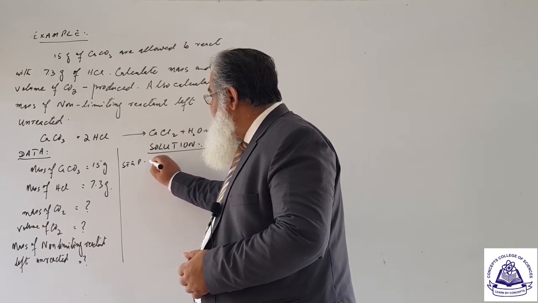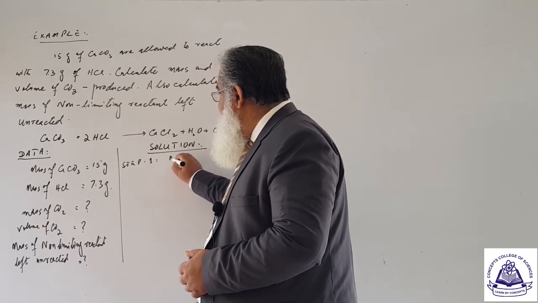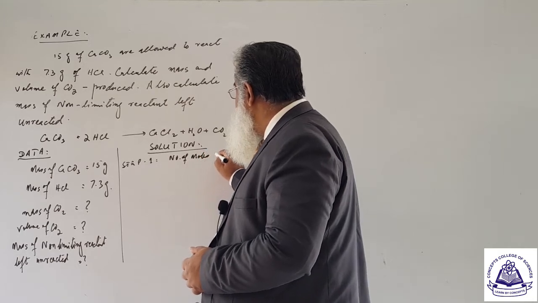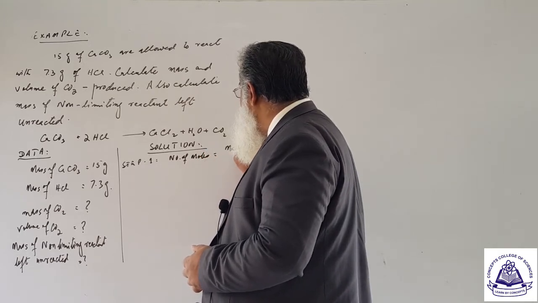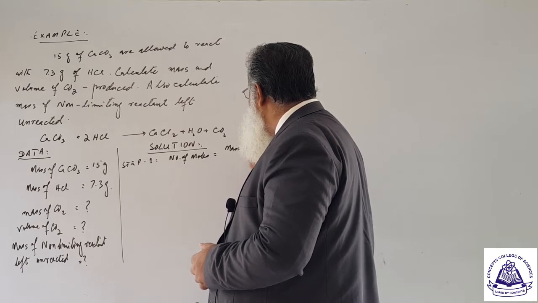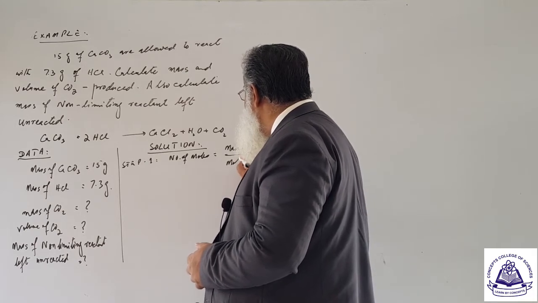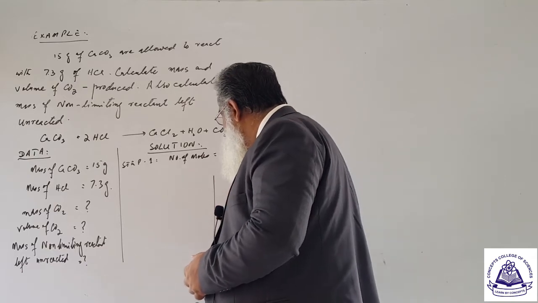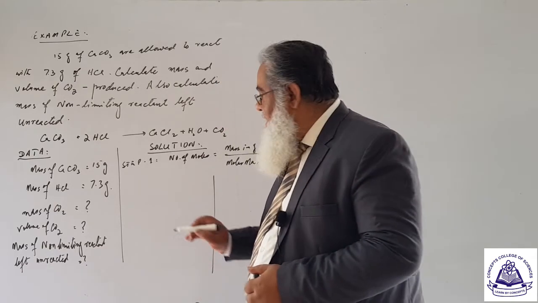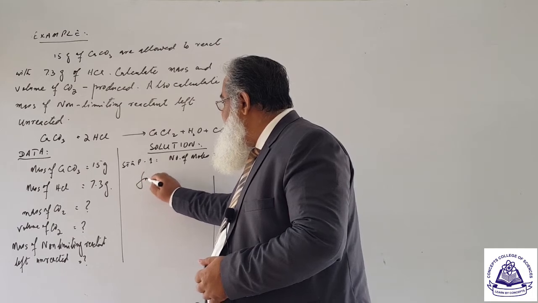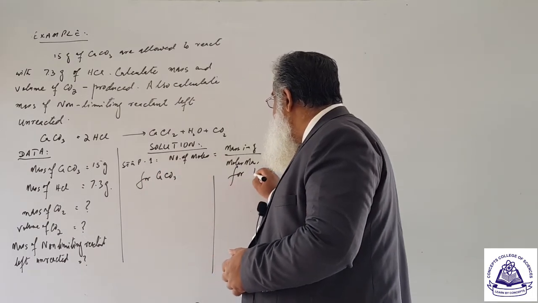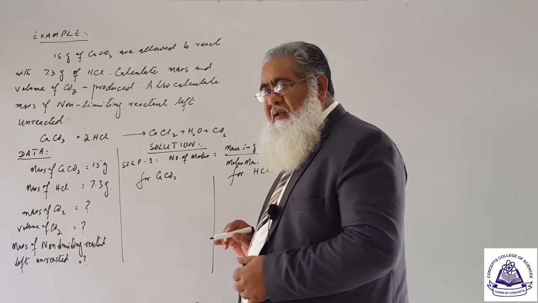With respect to step 1, to find the number of moles, we have to apply the formula mass in gram divided by molar mass. Dividing the column in two parts, here we write for calcium carbonate, here we write for HCl.